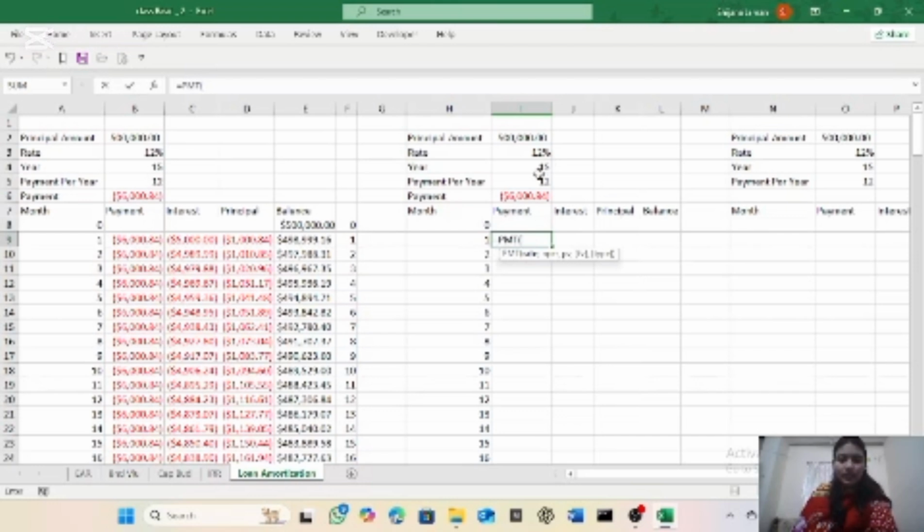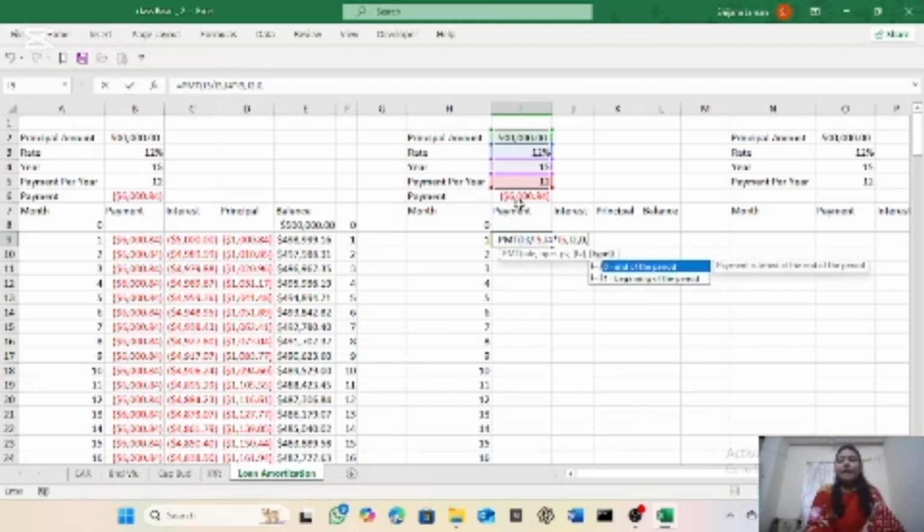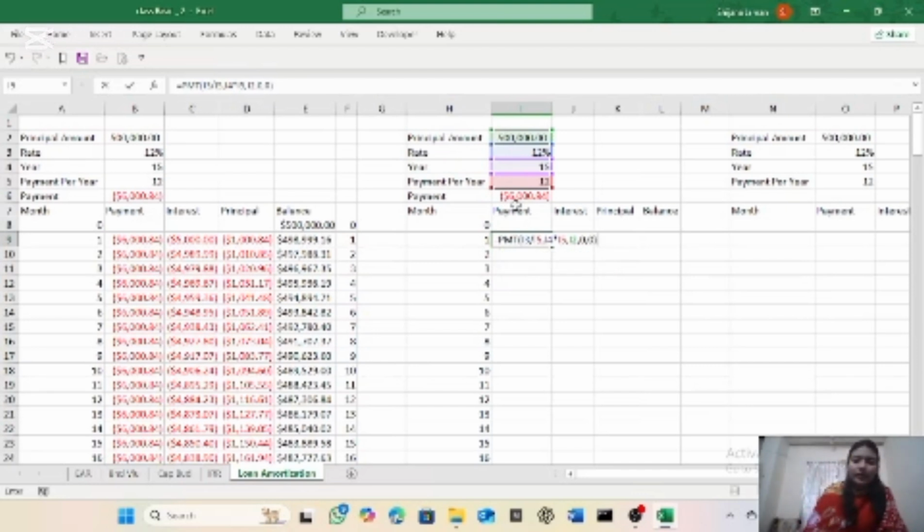Rate is 12% divided by payment per year, comma NPER would be year into payment per year, comma payment present value. Present value means principal amount. It is our present value, comma future value. There is no future value, that's why we have to press 0, comma type would be end of the period, bracket close. Yeah, this is our payment.